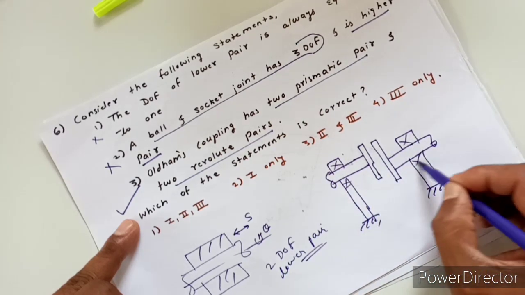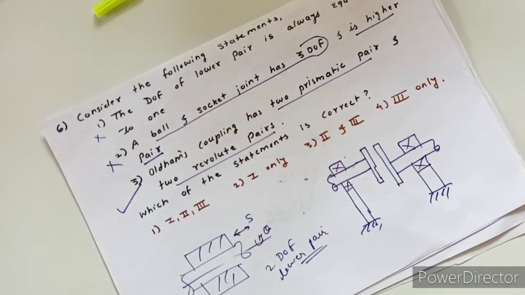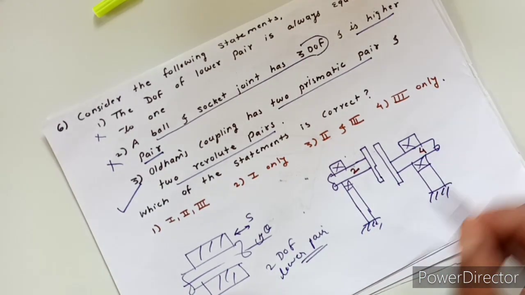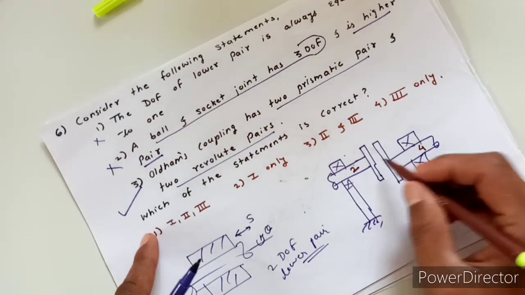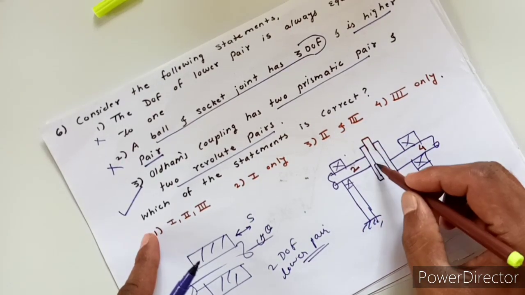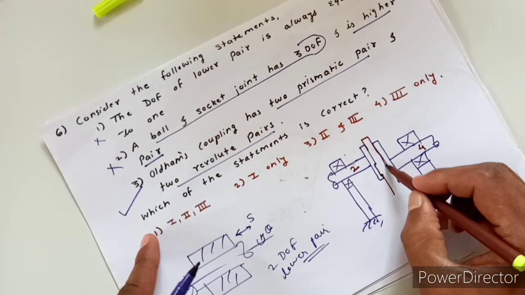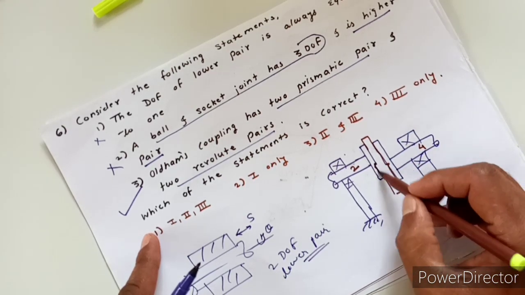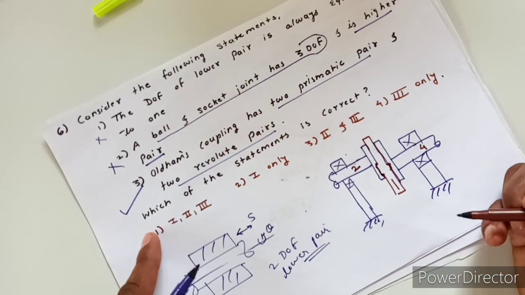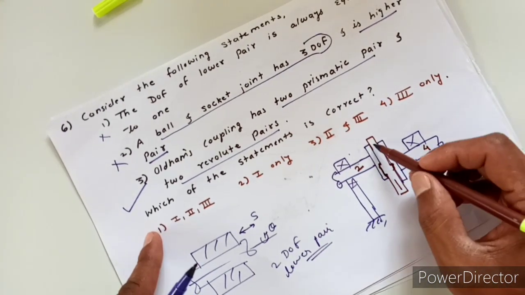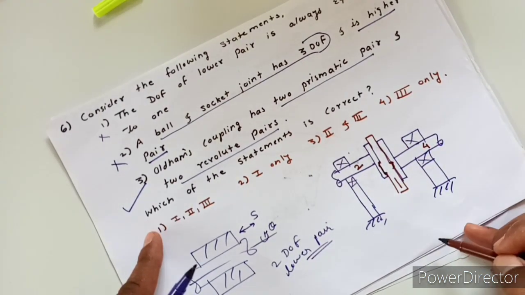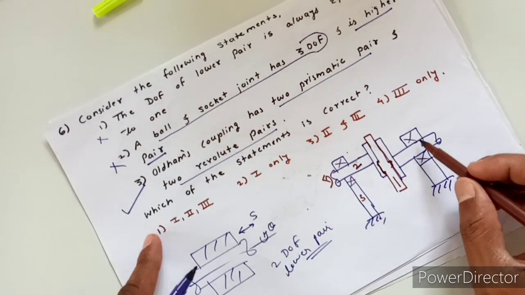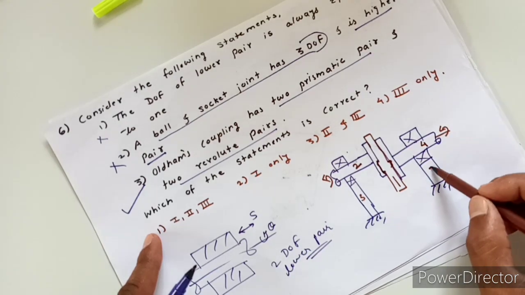So the shafts are rotating in the bearings. Say this is link number 2, this is link number 4. And link number 1 connects these two links 2 and 4 through the sliding pairs. So there are two sliding pairs between 1 and 2 and between 1 and 4, and two revolving pairs between 2 and 3 and between 4 and 3.